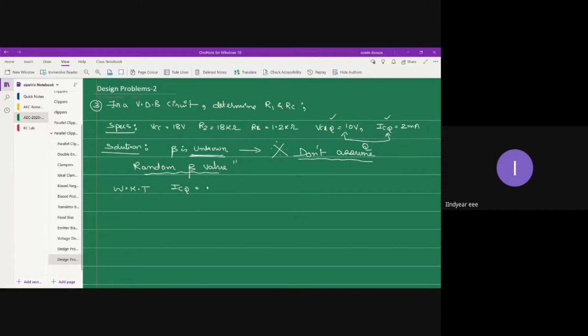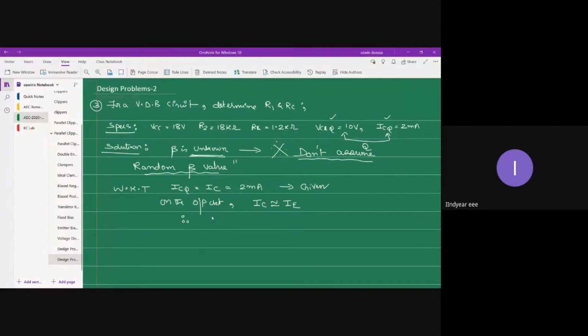Okay, so we know that ICQ, which is nothing but the collector current, is equal to 2 milliampere. This is given. Now on the output circuit, the collector current and emitter current are very close to each other.